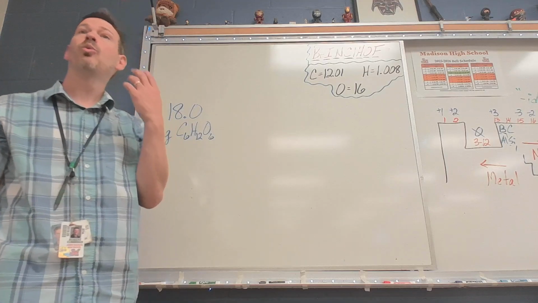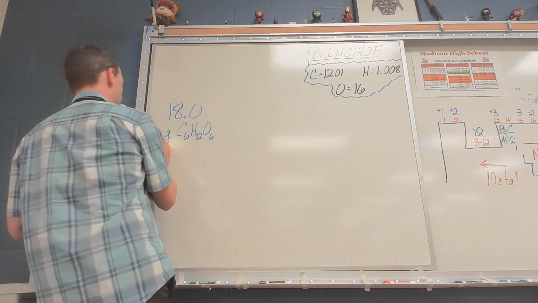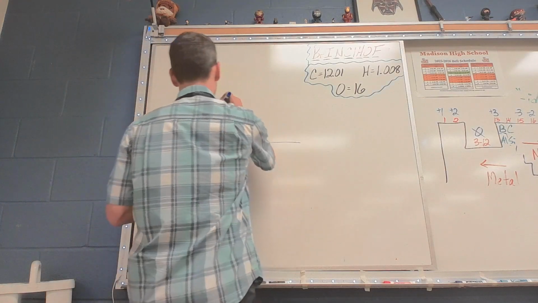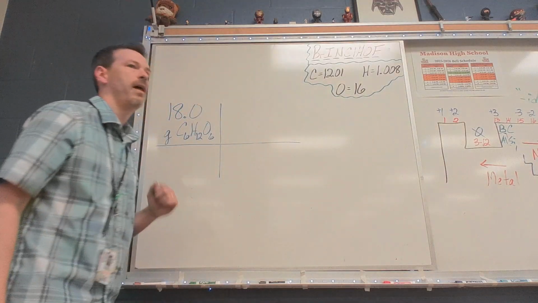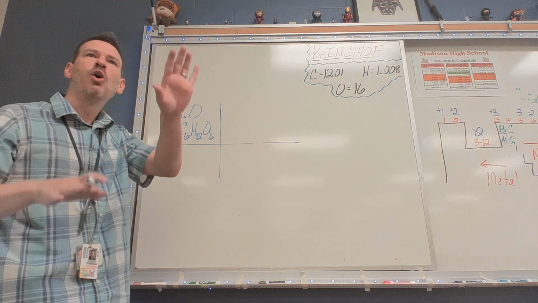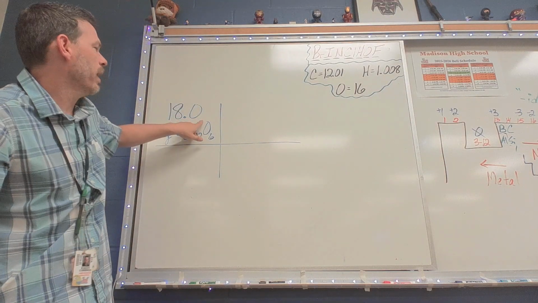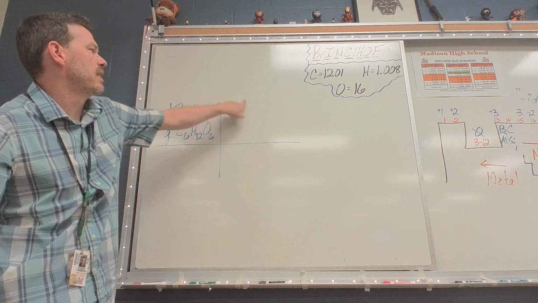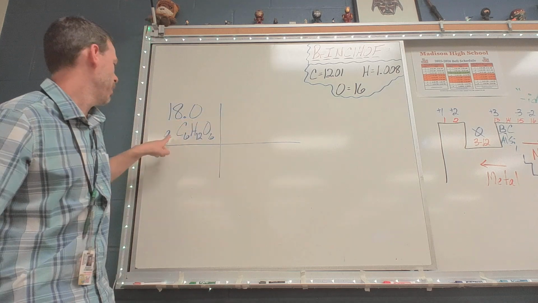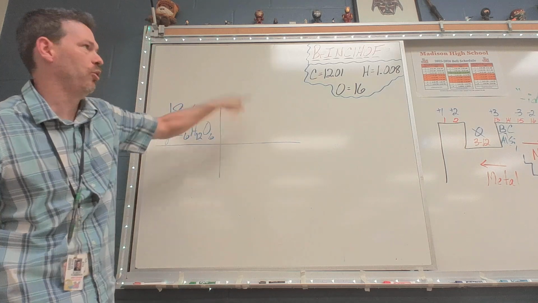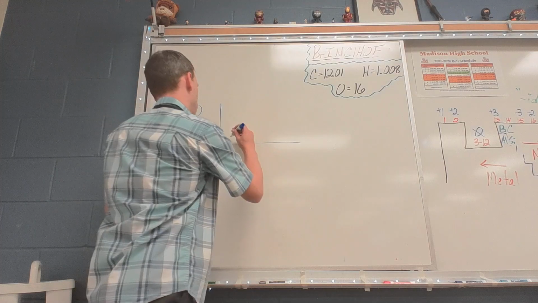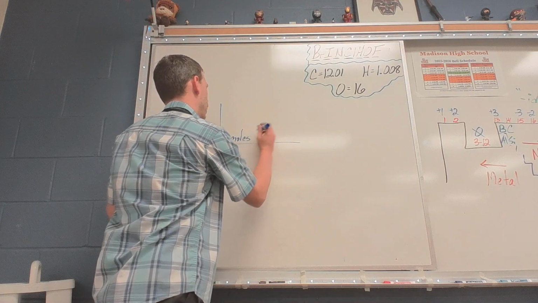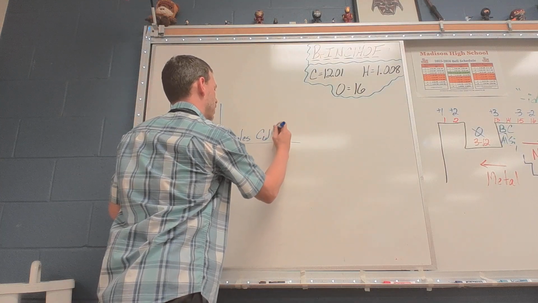So we're going to draw a grid. All right, so what goes where? Well, what we're going to change into goes next door. So we don't want to be in grams. We want to change it to moles. So moles goes there.